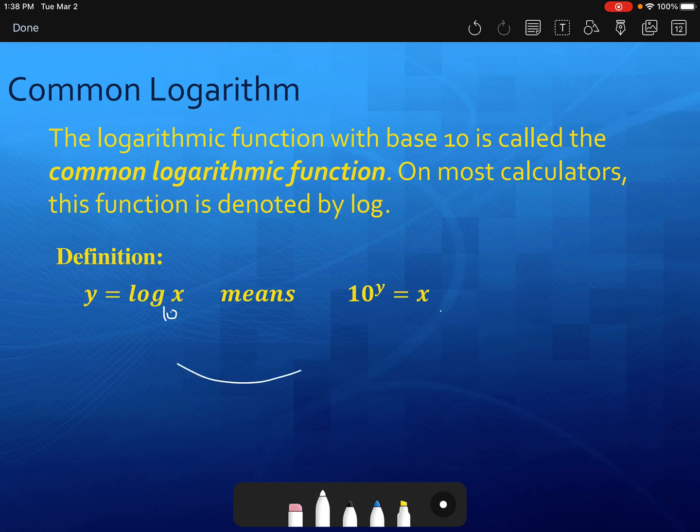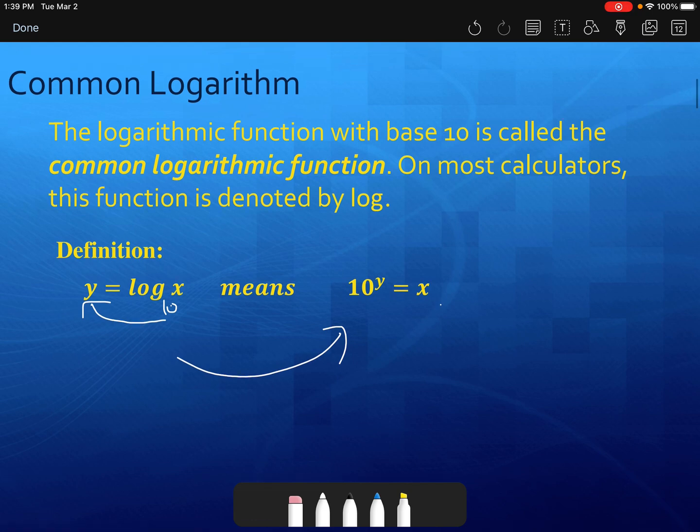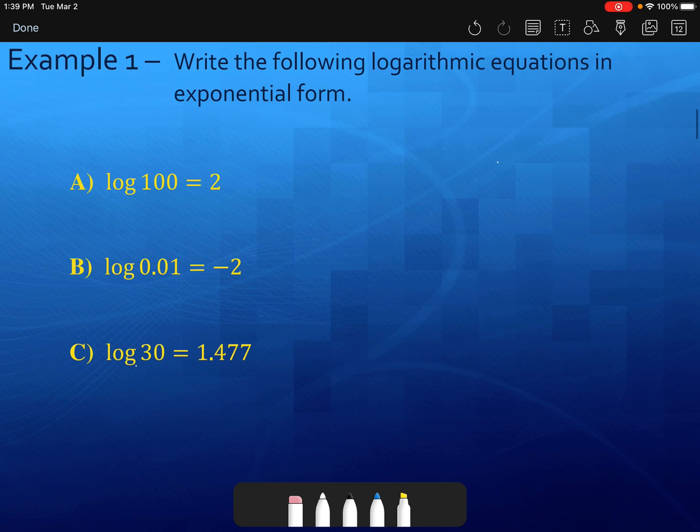So to convert it to exponential, you would take the base of the logarithm, which is 10. The answer to a log is always an exponent, so 10 to the y would equal x. That's how we convert logarithms to exponential and exponential to logarithmic.